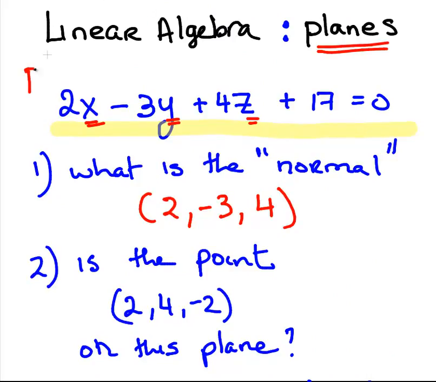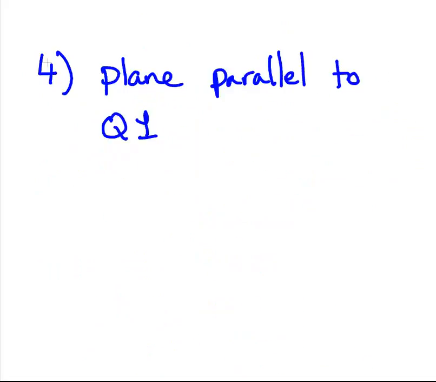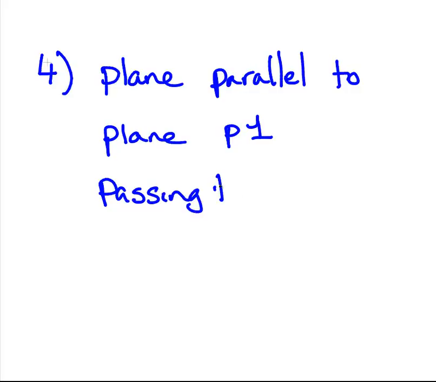I'll give it the name P1. So we want a plane parallel to P1, passing through, let's make up a number here, the point 4, 4, 4.